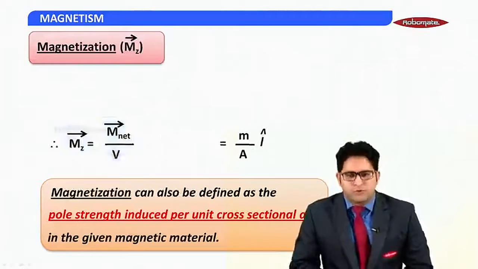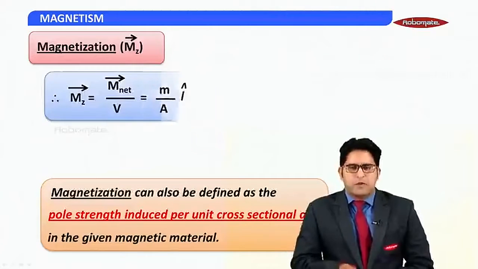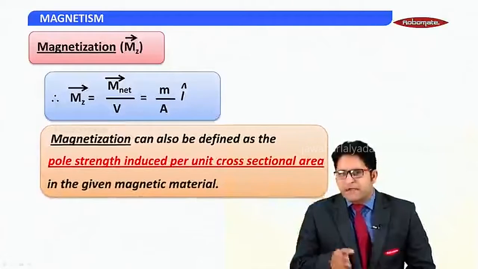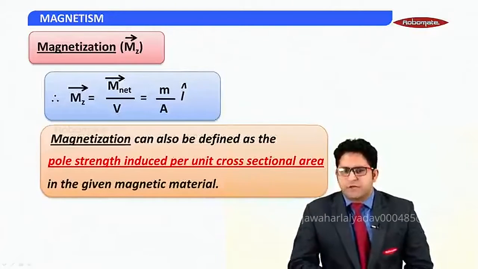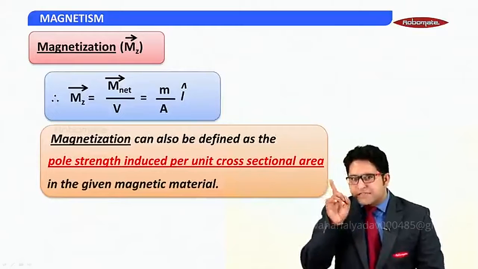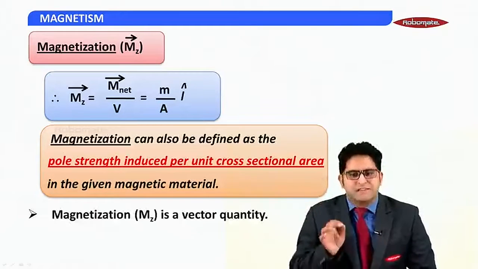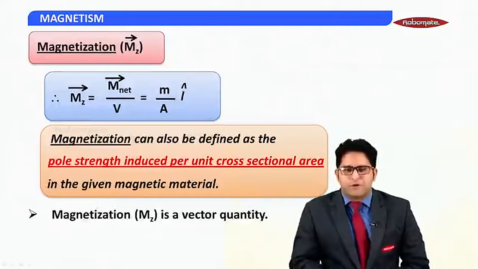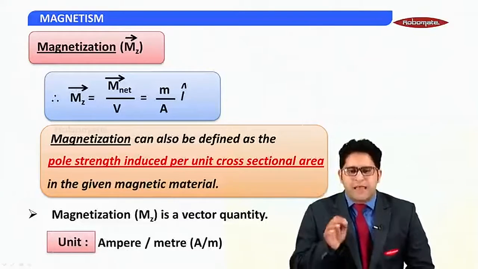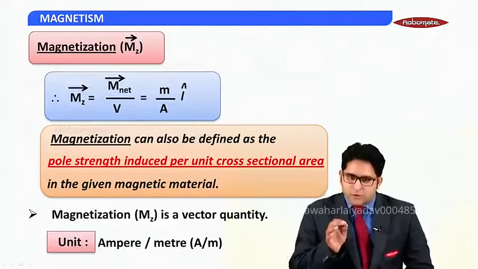Now let us move further. Now students, tell me, magnetization, is it a scalar quantity or a vector quantity? Now see the heading carefully, right? What can you say? Magnetization is a vector quantity, and what will be the unit for it? The unit for it is ampere per meter, and you can also calculate the dimensions.